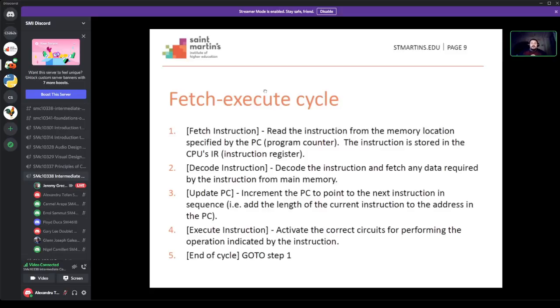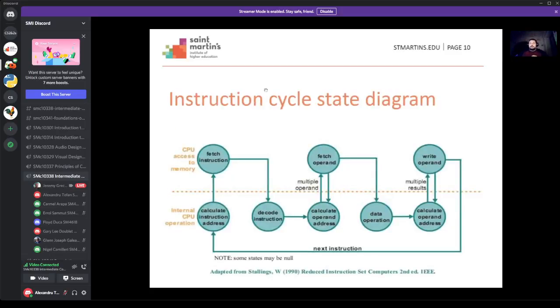So if we had to look at it in a more visual manner, you would see that first and foremost we calculate the instruction that we need to execute. We then fetch the instruction. Notice that we're fetching the instruction from memory, and we retrieve it and store it within our instruction register, in which case we start to decode the instruction. By decoding the instruction, we're calculating what operands, what data, we're going to be working with.